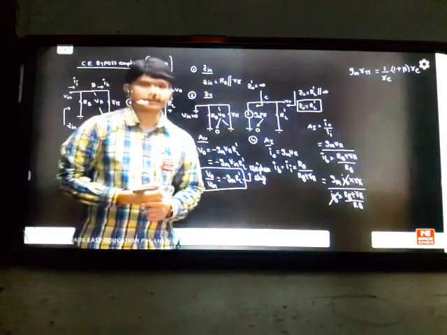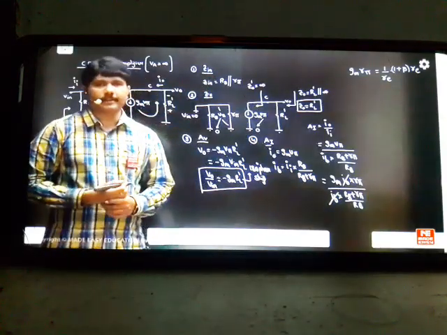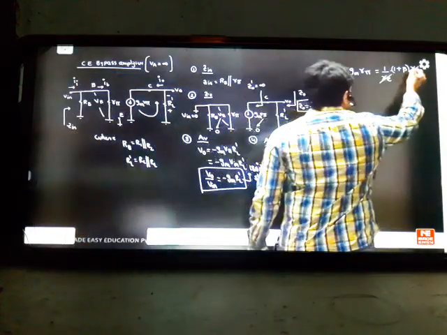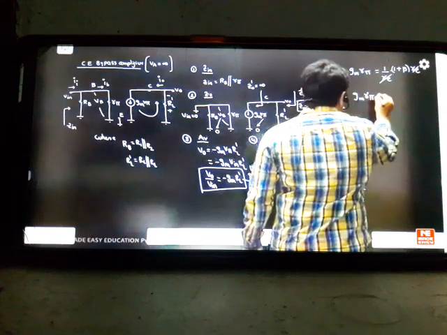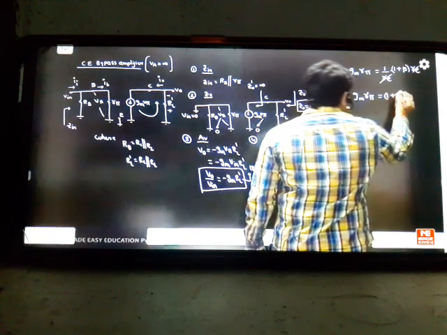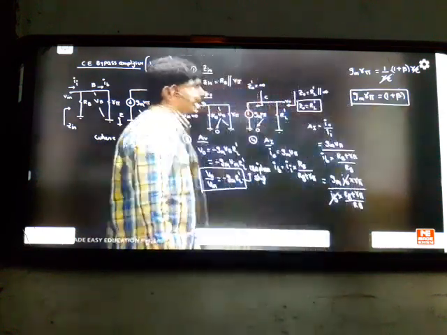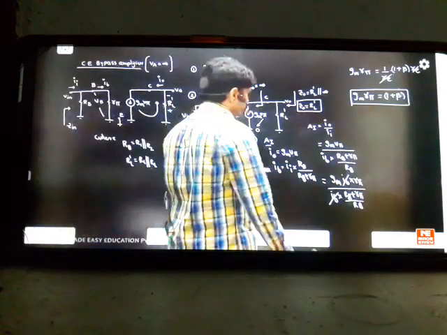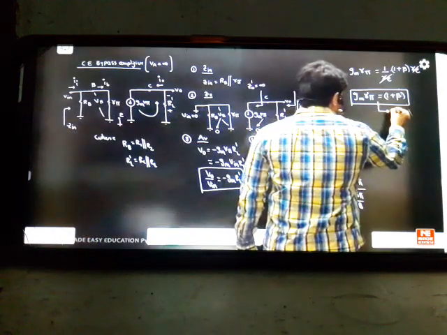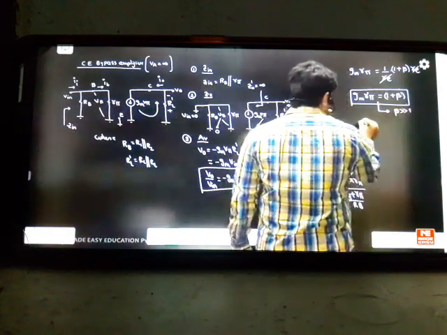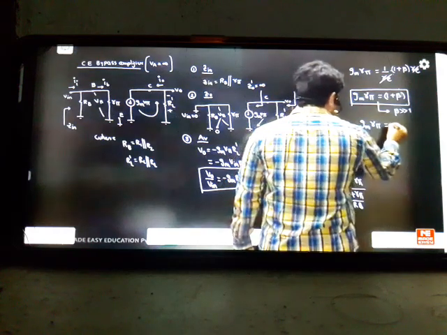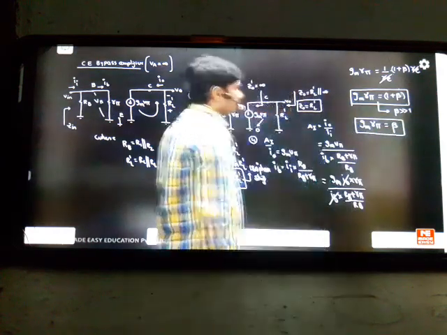Already I concluded this in my earlier module. And gm can be written as 1 by dynamic resistance. So if you cancel this term, gm into R pi can be written simply as 1 plus beta. So you can write that term here. One thing you can simplify: as beta is much greater than 1, you can write gm into R pi simply as beta. 1 plus beta is not required, because if beta is 100, you can neglect the 1.